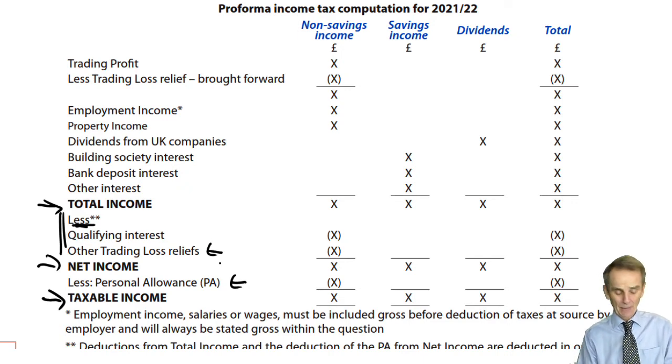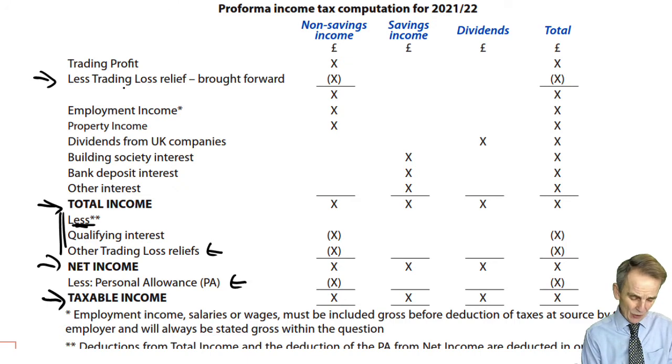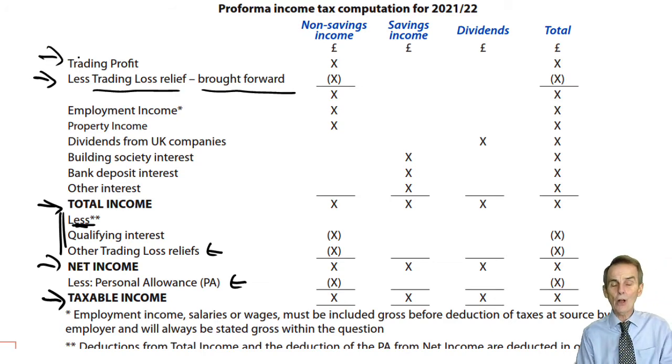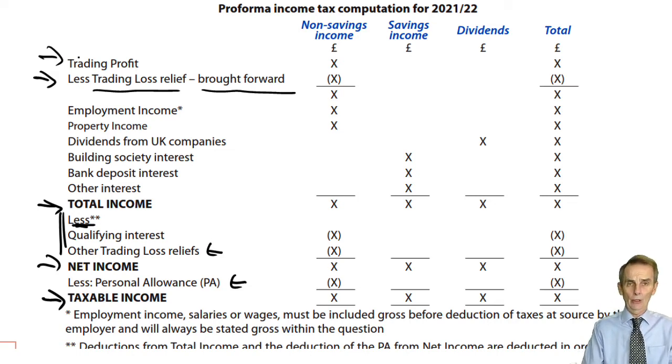I say other because back here, if you had a trading loss sustained in an early accounting period, and that therefore went into an earlier tax year, but you had not, by the start of this tax year, been able to utilise all of the available trading loss, then any trading loss relief that was brought forward would be deducted specifically from and only from the trading income assessment of that same trade.